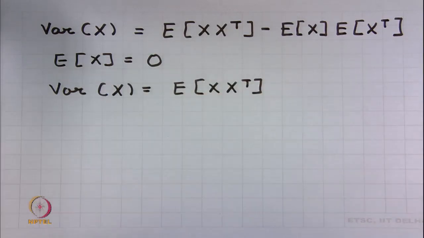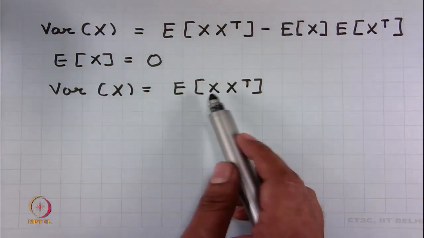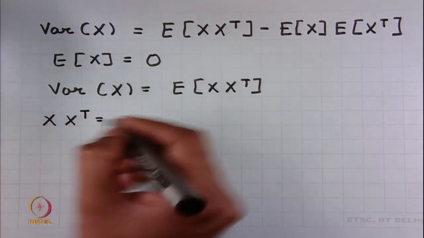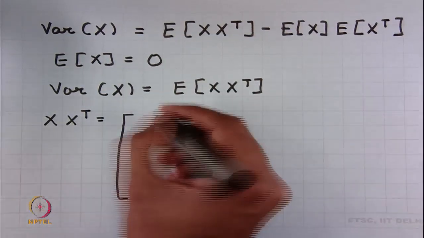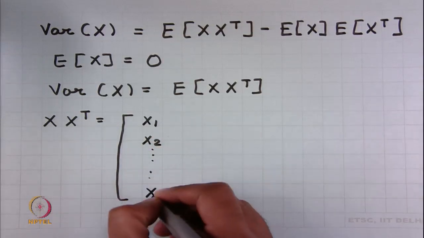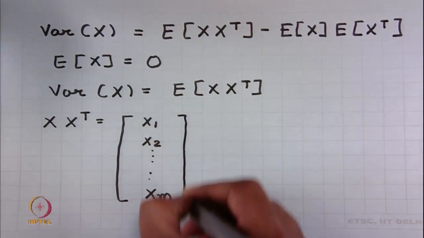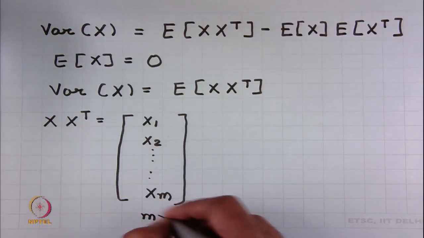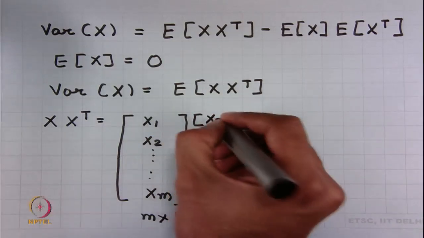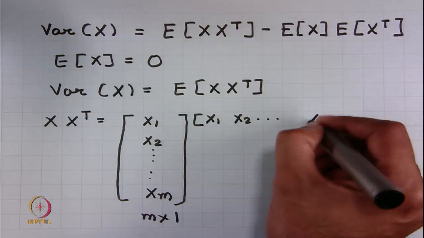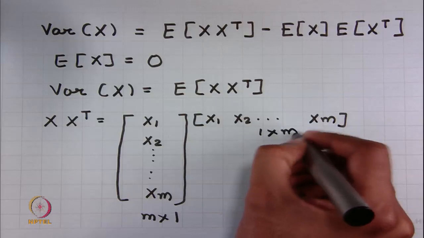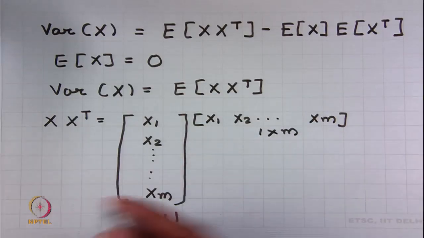Okay. Now, let us first look into what this quantity x into x transpose is. If I have to find x into x transpose, x is x1, x2, let us assume up to xm. So, I have m elements. So, this is an m by 1 vector, and x transpose would be x1, x2, xm. So, this is a 1 by m vector, and then I have to multiply terms. Okay.